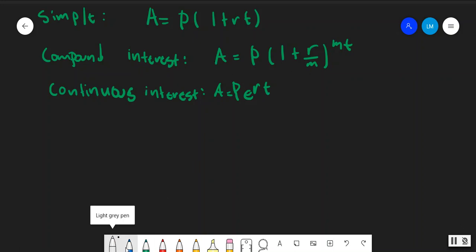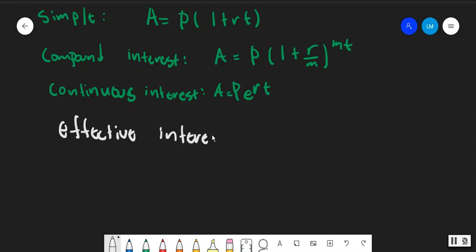Now, the other thing that you look at in this section, just to wrap up this section, is what is called effective interest. Whenever you look at effective interest, you're only looking at either two cases.